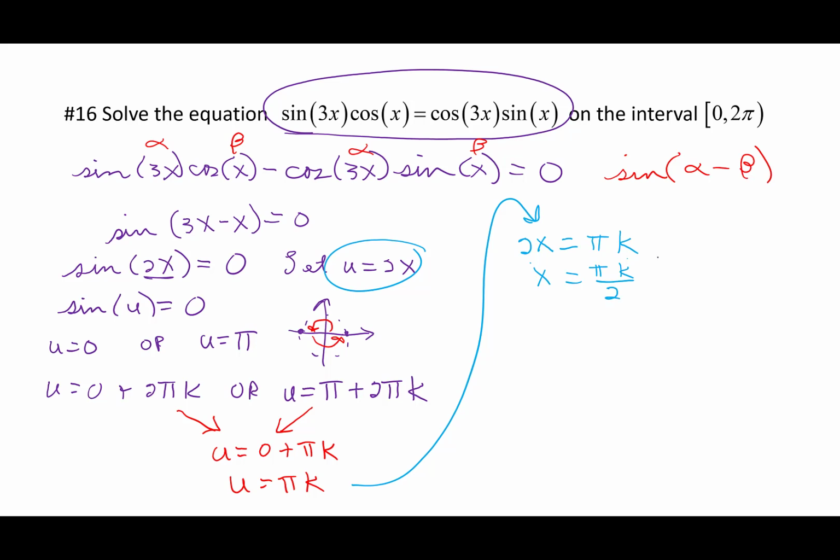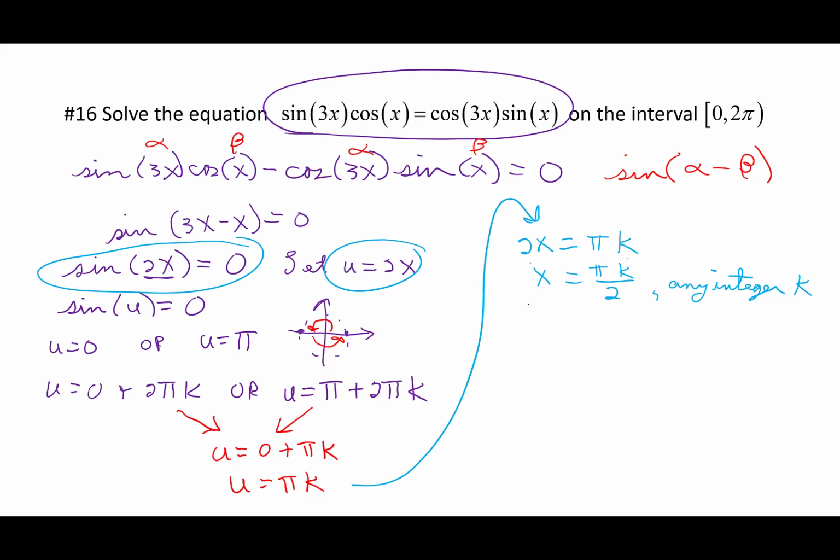Now our general solution would be x equals pi k over 2 for any integer k. We aren't asked for the general solution here, but if we did find it, that's where it would be. The trick when we're trying to solve sine of 2x equals 0 is we basically have to find the general solution before we find the specific solutions.